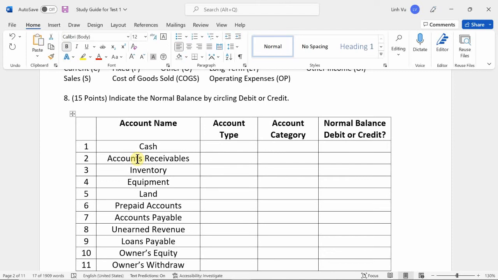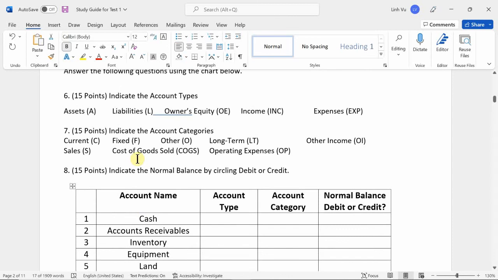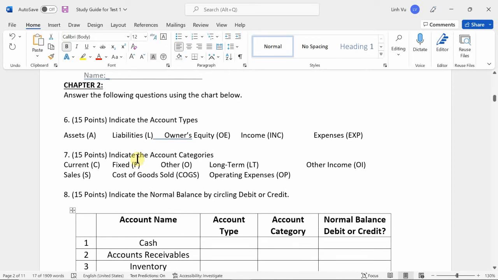So for instance, the first one, you're going to have a bunch of options. Since it's multiple choice, I'm going to have a series of answers for you. It could be, for instance, asset, other, credit; asset, fixed, debit; liability, current, debit, right?